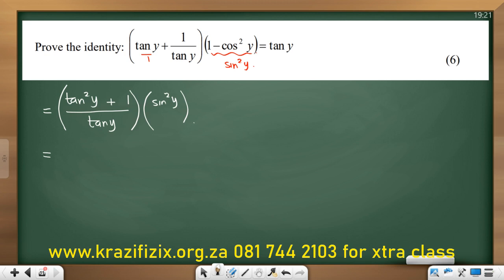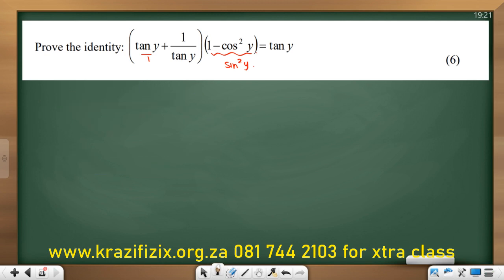Now, if I multiply the top and the bottom there, okay, check this. I'm seeing something here. This can be written as tan squared y, or if you like, we could have used sine and cos. We would still probably get the same thing. Let me try that first.